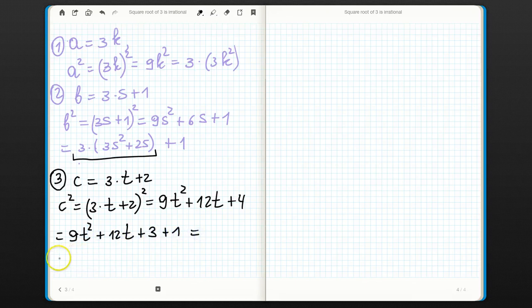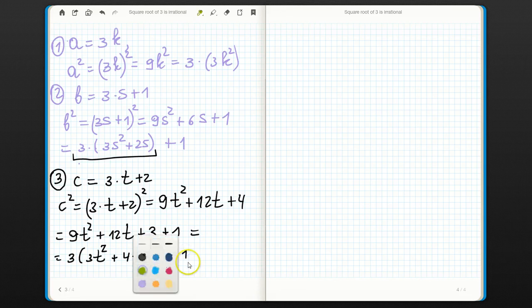Now we're going to see why I'm doing this. I can take 3 out: 3 times (3t squared plus 4t plus 1) in the bracket, and I have plus 1 remaining. Once again, the bracket times 3 gives a multiple of 3, and by adding 1 I have a number which is not divisible by 3.